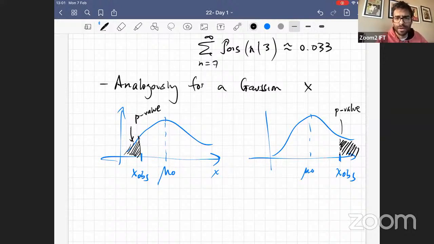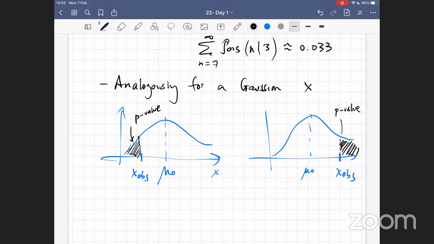Okay, questions so far? I have a question, if I can. According to the definition, wouldn't it also be possible to take the symmetric region for the Gaussian?